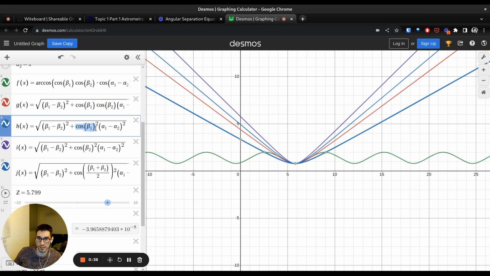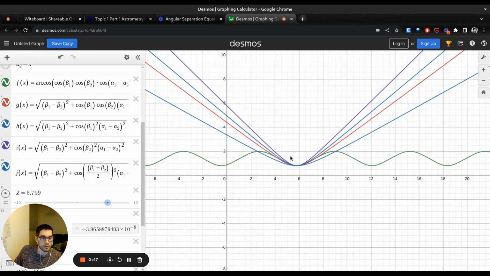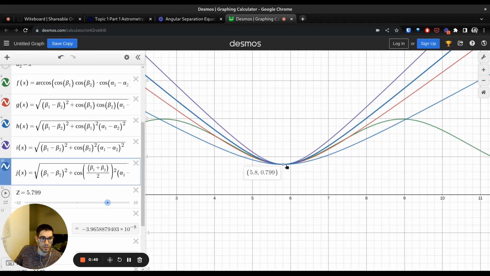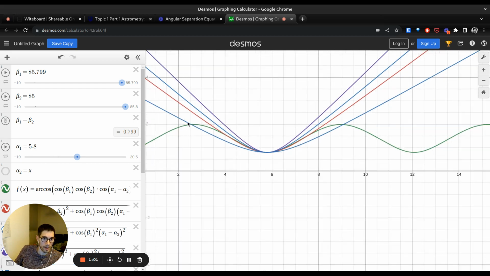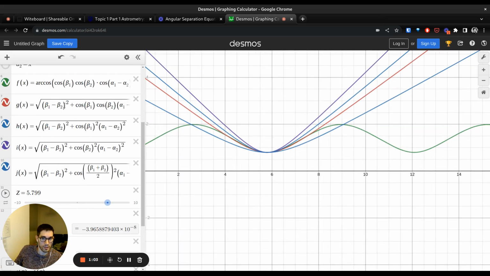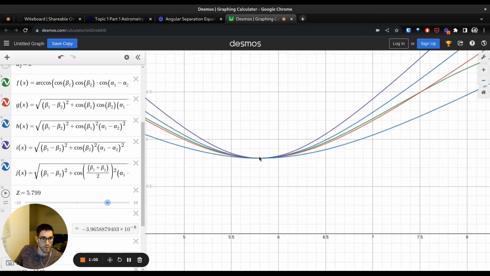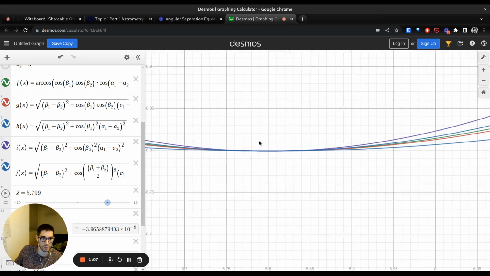Here I simplified as cosine of beta 1 squared, here I do cosine of beta 2 squared, and here I do the average. So you can see how when the difference in betas is really small and the difference of alphas is also really small, like here centered about 5.8, then all the other approximations are quite accurate, extremely accurate.